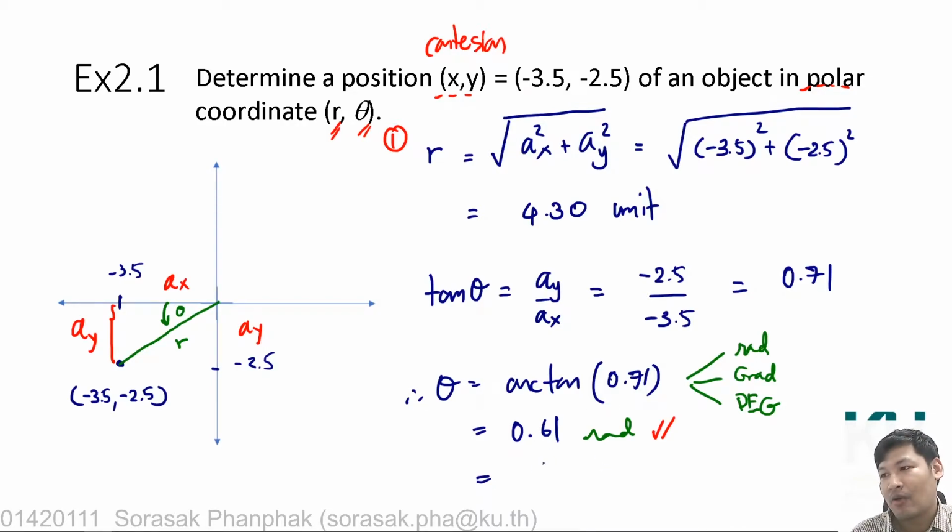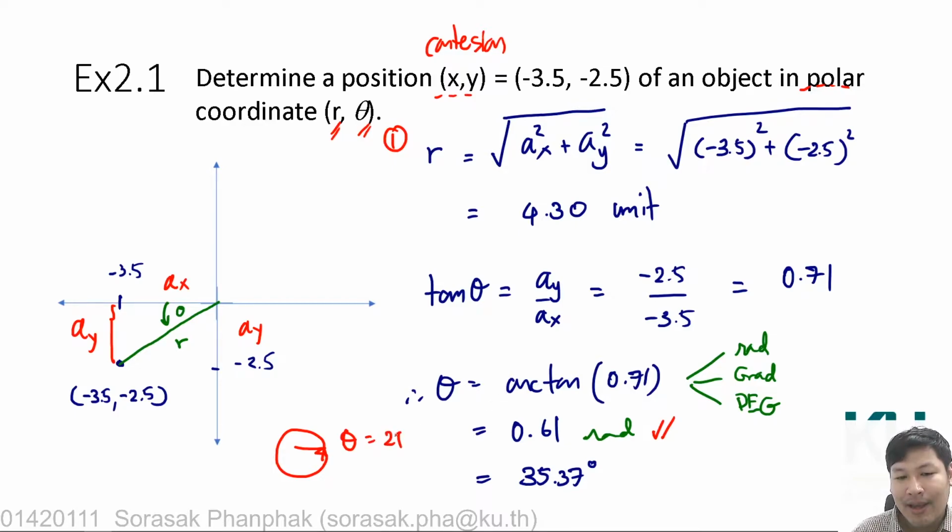If you convert to degrees, you get about 35.37 degrees. When the circle wraps up for one round, theta is 2 pi radian, which is 360 degrees. So you can use this ratio to convert between radians and degrees.